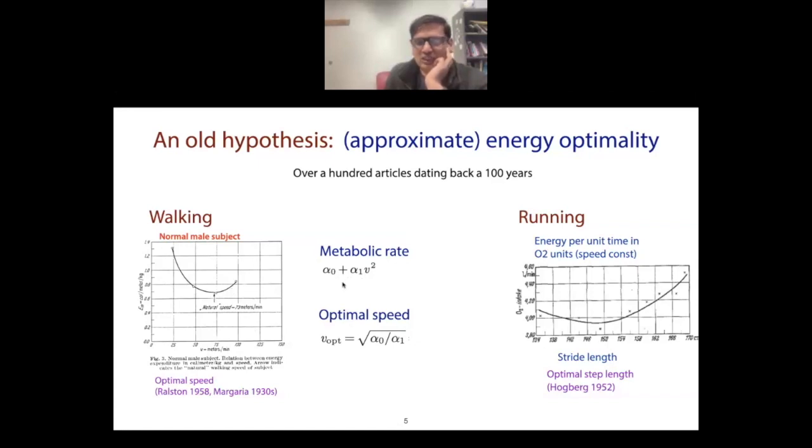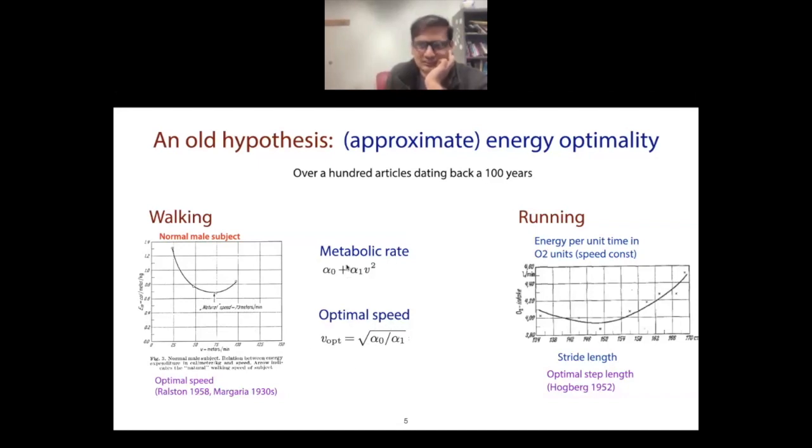Having the linear term doesn't improve the R square very much. If you look at people with say movement disorders or subjects with amputation, it turns out that the linear term needs to be there to actually describe the empirical metabolic cost. But yeah, no big reason. Having the linear term actually doesn't change the optimal speed expression at all.